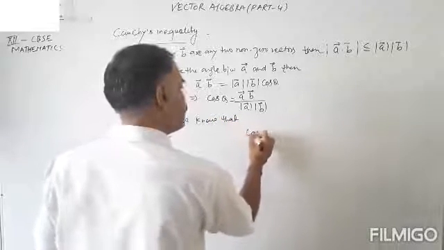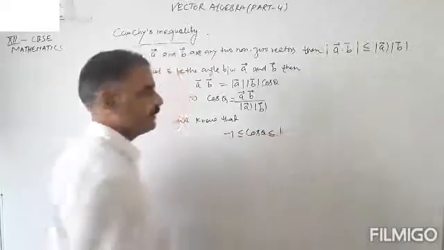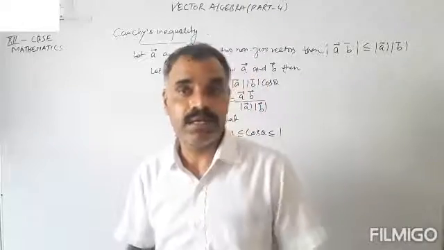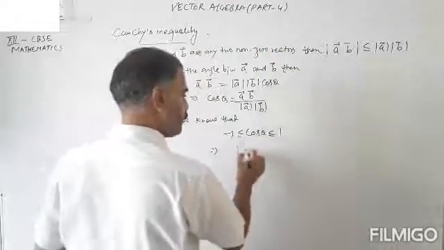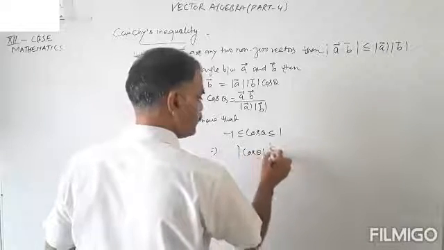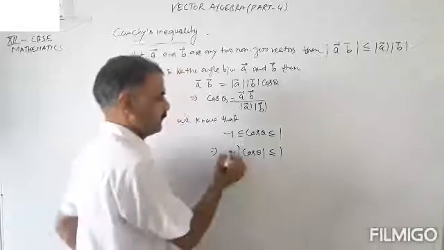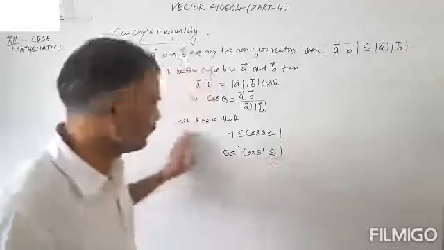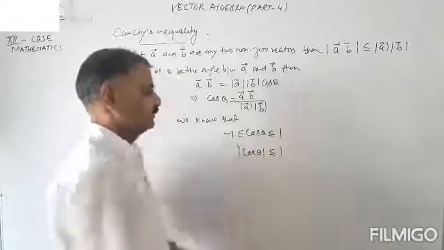Now we know that cos theta always lies between -1 and +1. Then modulus cos theta always lies between 0 and 1, so it is less than or equal to 1.